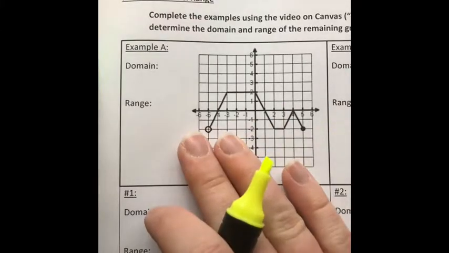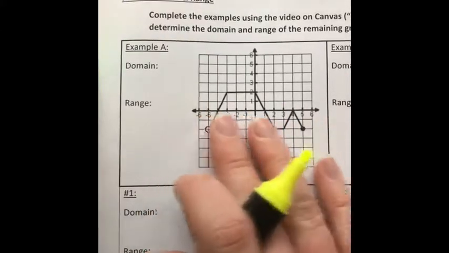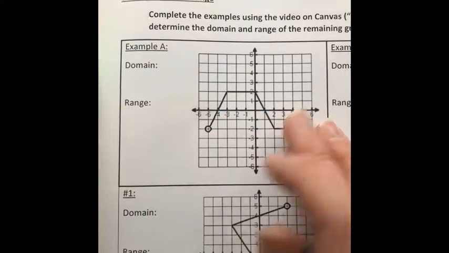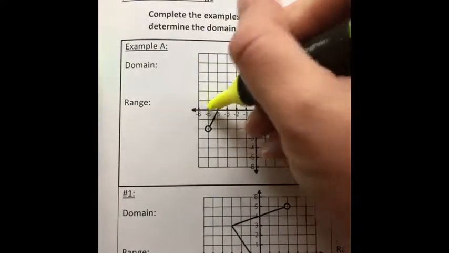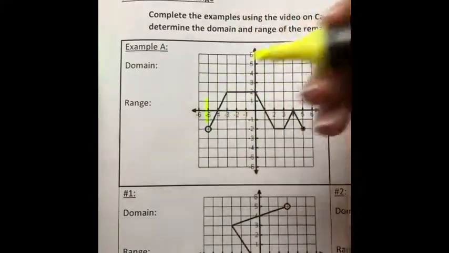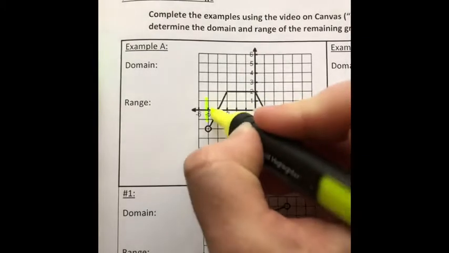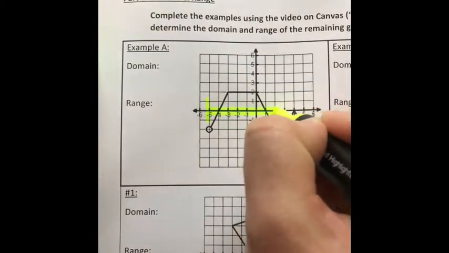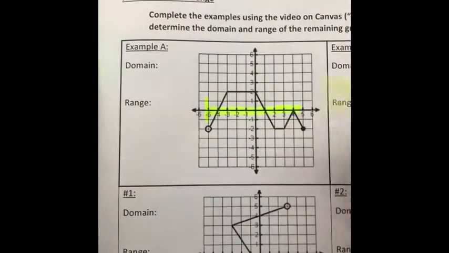So, domain, x-axis, left to right. So I start with the very leftmost side of the graph, and I can see that it goes all the way to this value, -5, and it covers everything from -5 all the way to +5.